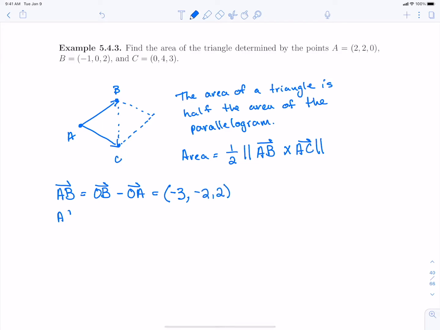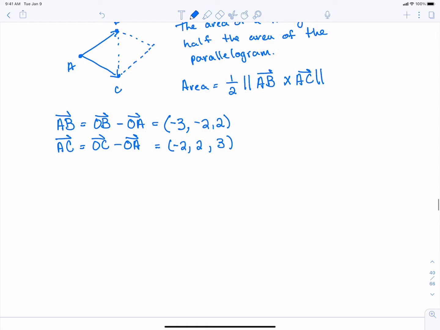And then if I want vector AC, I've got to subtract origin to C minus origin to A. And so from C, that gives me what? -2 for my +2 and 3.